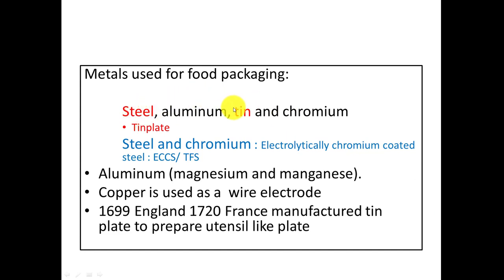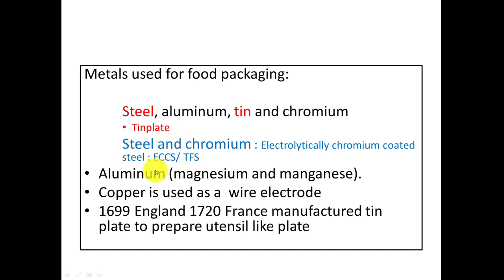Steel and tin are used to manufacture tin plates. In the second combination, steel and chromium are used to manufacture another material known as electrolytically chromium coated steel, also known as tin free steel.